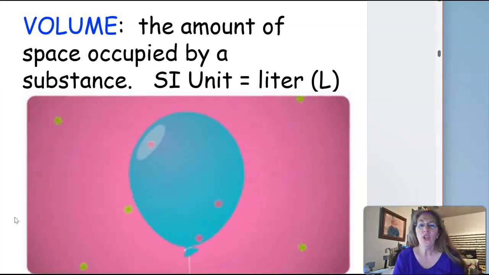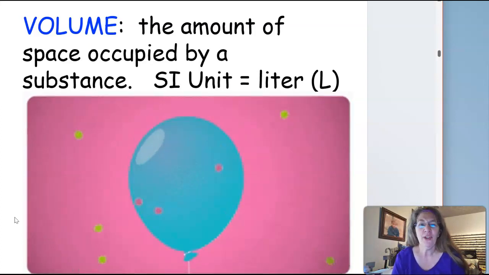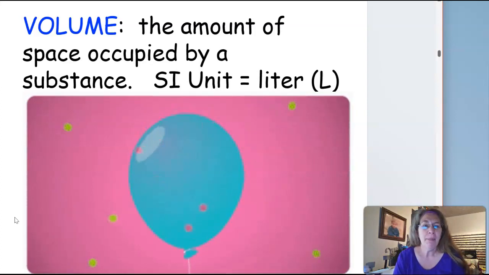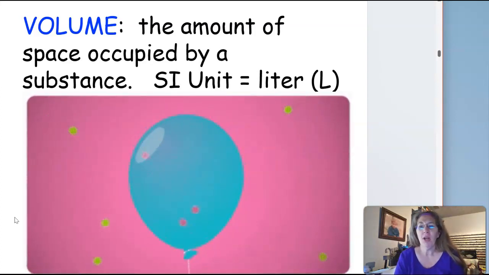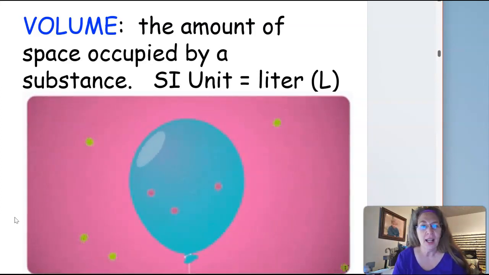And so the green gas particles, we wouldn't have a concept of the volume of that gas unless we put it into a container. And so in the balloon, you have the pink gas molecules, and depending on the temperature of those molecules will depend on how much of the volume of the balloon is inflated.